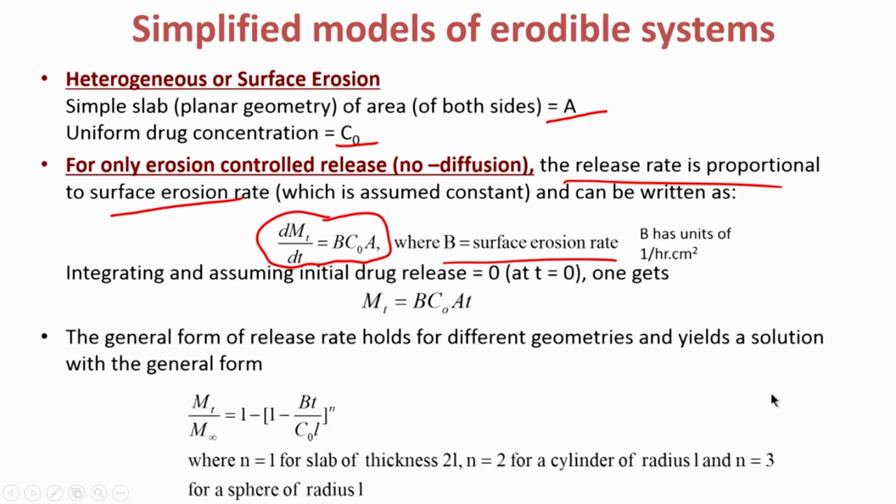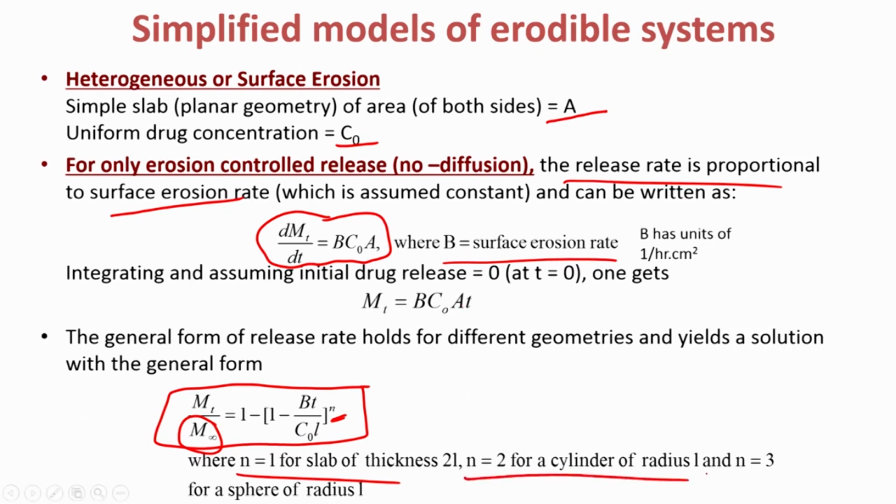If you do that, what you will find is this general form turns into an equation like this, where Mt is the amount of drug released at any time t, M infinity is the total drug that was loaded, and that is a function of the erosion rate as well as time with some n, and this n is what changes for different geometries. So, it is 1 for slab to give you back that equation, it is 2 for cylinder of radius L, and n is equal to 3 for a sphere of radius L.